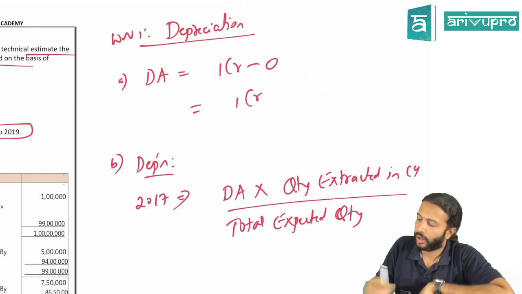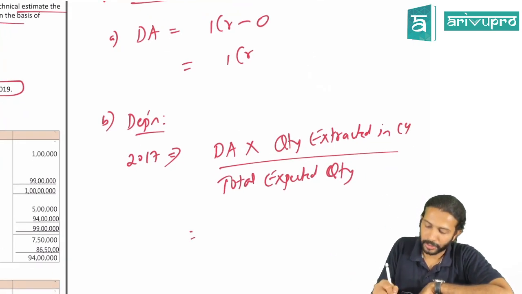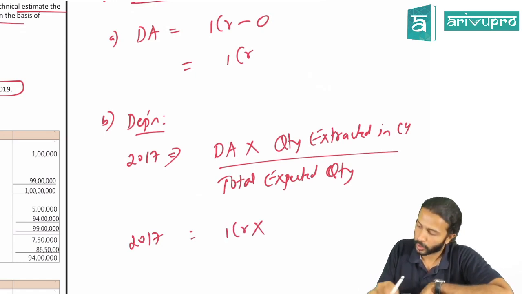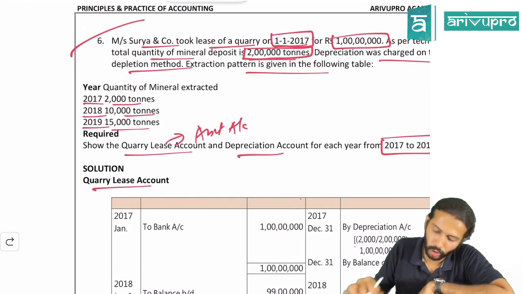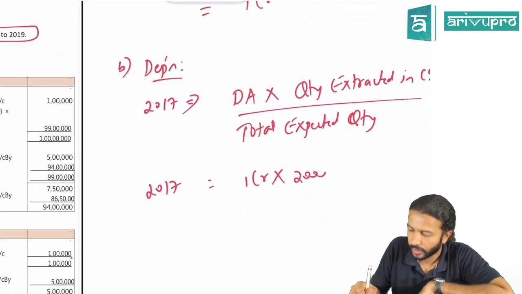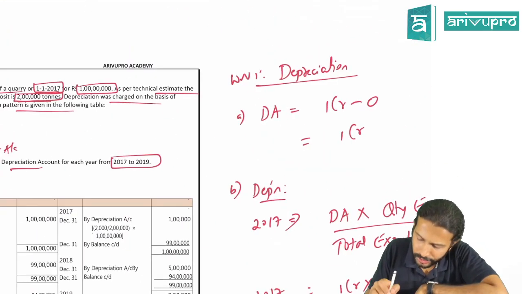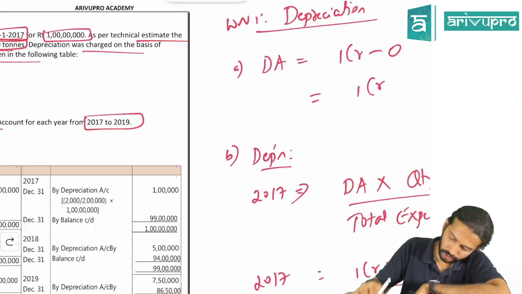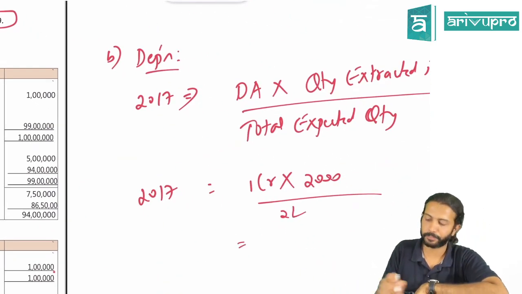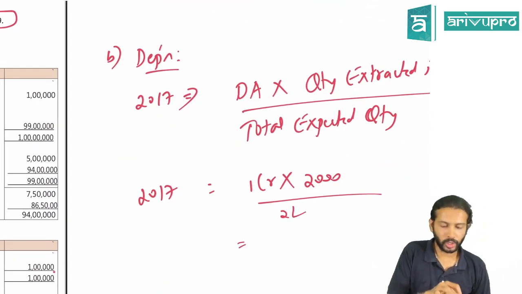So for 2017, what will be your depreciation? DA is 1 crore. For 2017, you extracted 2000 tons. Totally, you're expecting to extract 2 lakh tons. So 2 lakh is your denominator. How much? 1 crore.